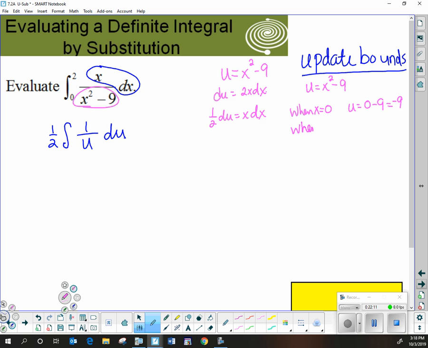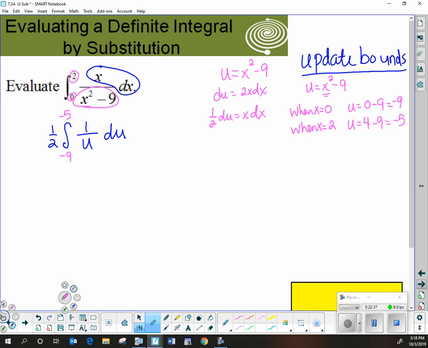When x equals 2, u is equal to 2 squared, so 4 minus 9 gives us negative 5. So when x was 0, u becomes negative 9. When x is 2, u becomes negative 5.